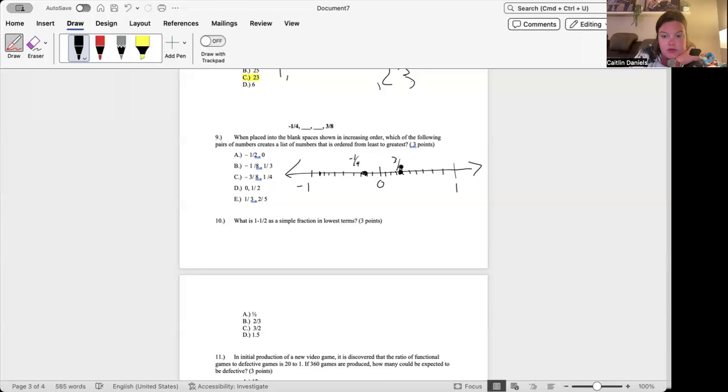I'll go ahead and label those fractions on there. All right, so which number is between the two of those? So -1/2, it's way down here, so right off the bat we know that's not correct. B, -1/8 is greater than -1/4. It's gonna be like right in there. And then 1/3 is less than 3/8. So I believe it's B.